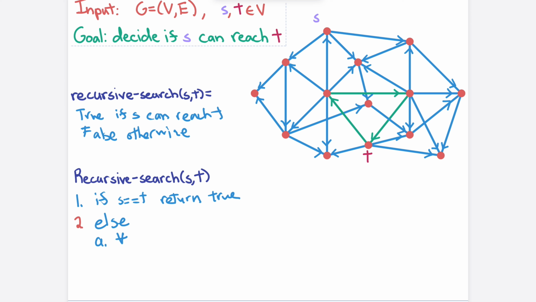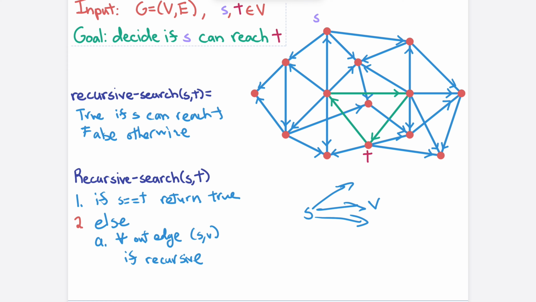Yeah, so maybe for all outgoing edges SV, if, so I have S and I'm exploring all the out children and I'm looking at some vertex V. If I recurse and I find out that V can reach T, then I can go from S to V to T. So I can return true.